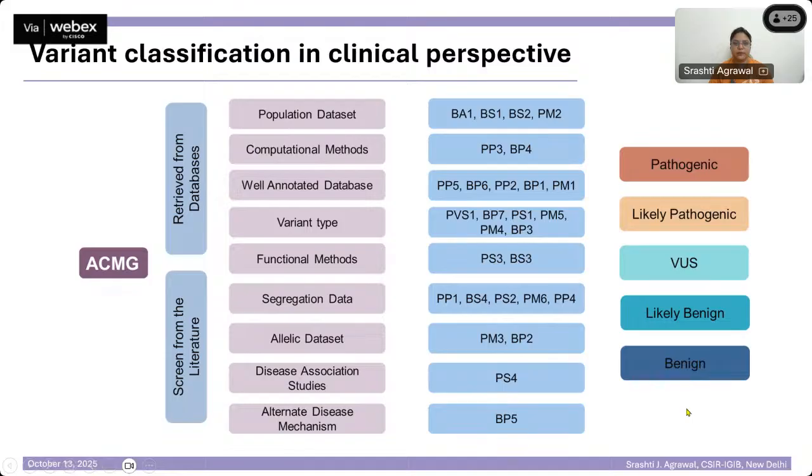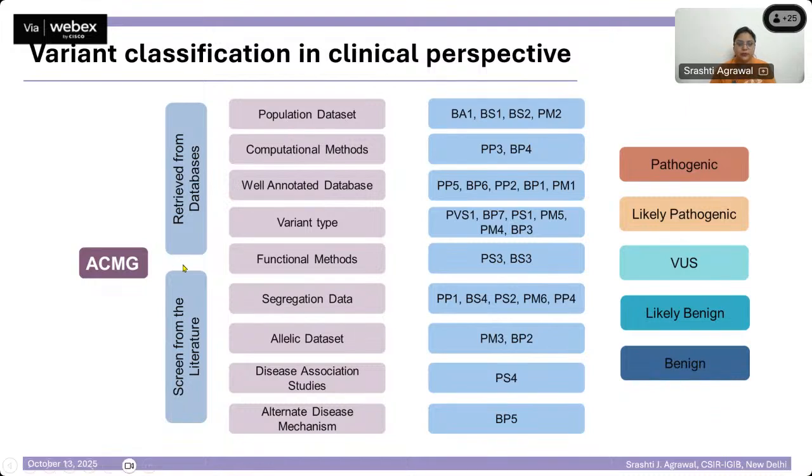Now, these ACMG and AMP guidelines, which classify these variants into 5 categories, are only applied to genetic variants which are disease associated. And for different types of diseases, the guidelines differ from each other. For example, for somatic variants, the guidelines are different. For mitochondrial variants, the guidelines are different.